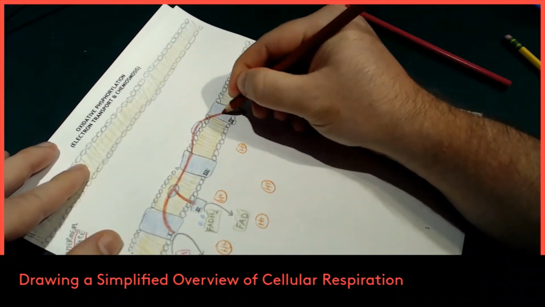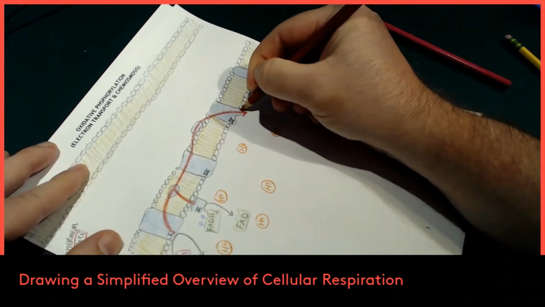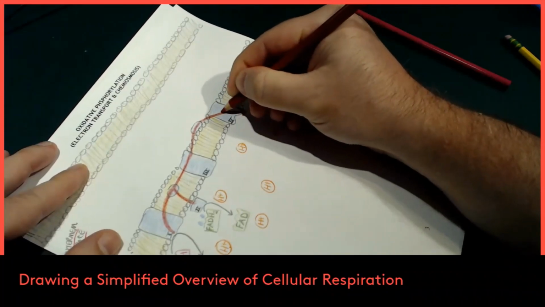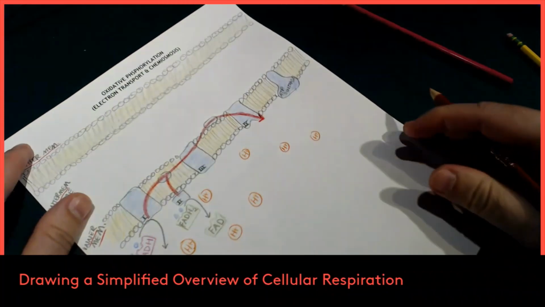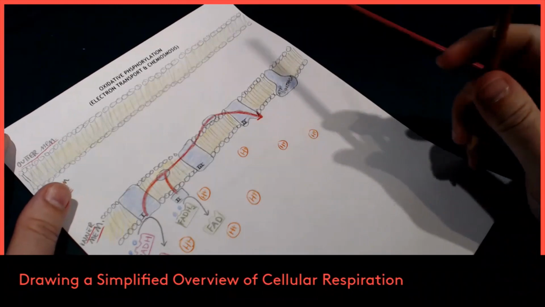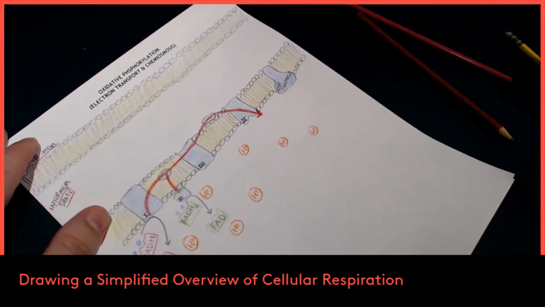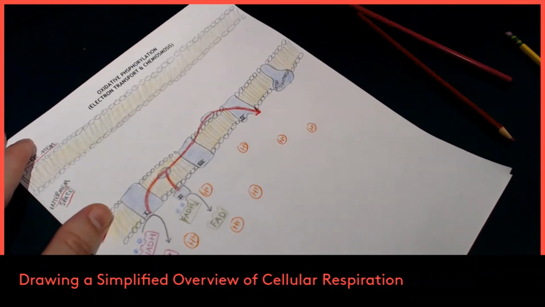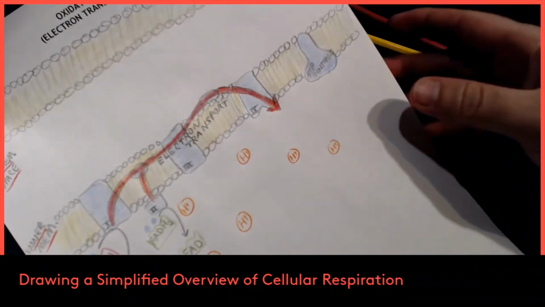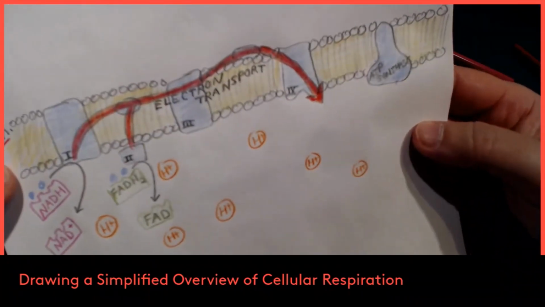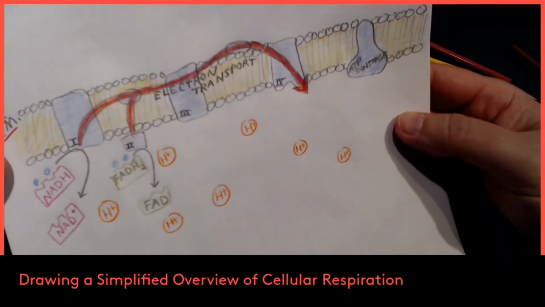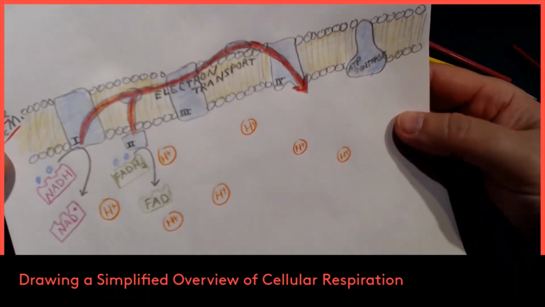Each one that is next is a stronger oxidizer, so he rips it away. So what you see here, this red line, is actually called the electron transport chain. So I'll write that in there. Now you can see the path that electrons take through this electron transport chain.